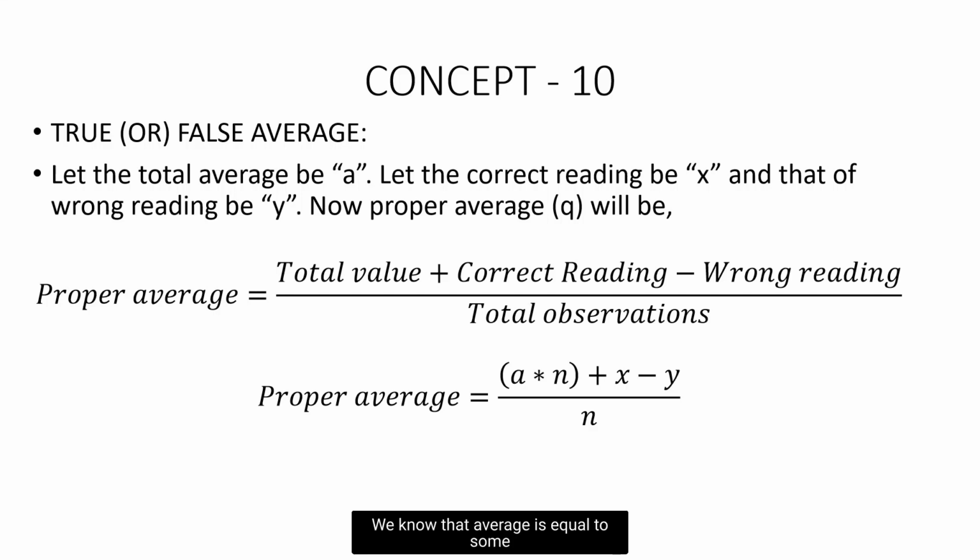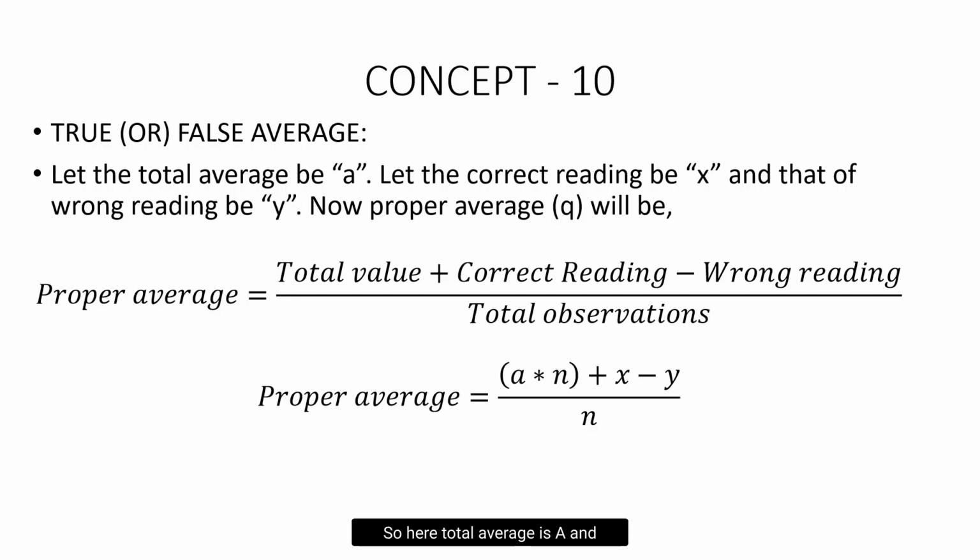We know that average is equal to sum of the observations divided by number of observations. Here, sum of the observations can be expressed as total number of observations multiplied by the average.